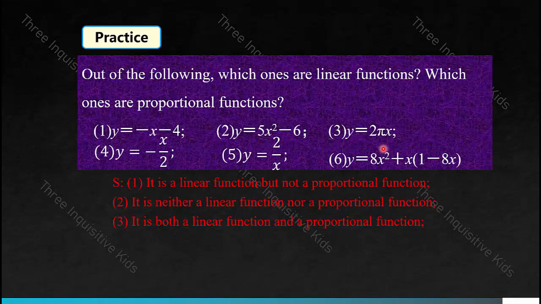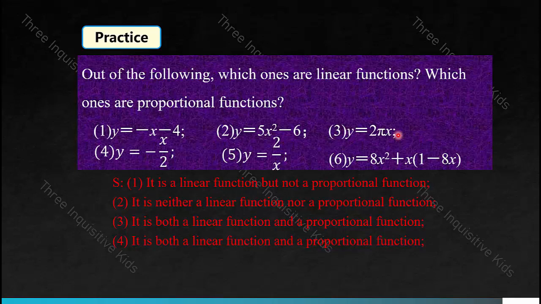Pi is equal to 3.14, and so on. It's also a number. So you have to think of pi as part of the coefficient of this term. So yes, it is a linear function, and in fact, it is also a proportional function because it has no constant term. Or in other words, the constant term is equal to 0.